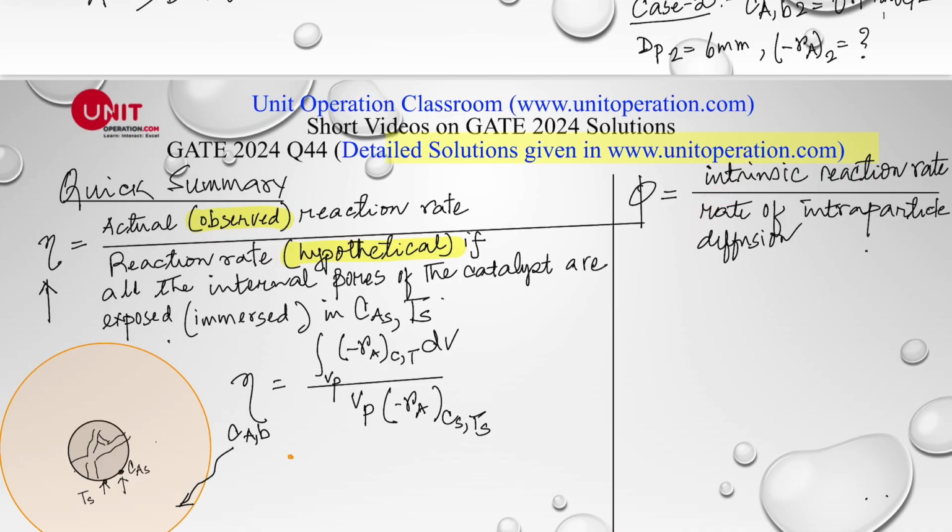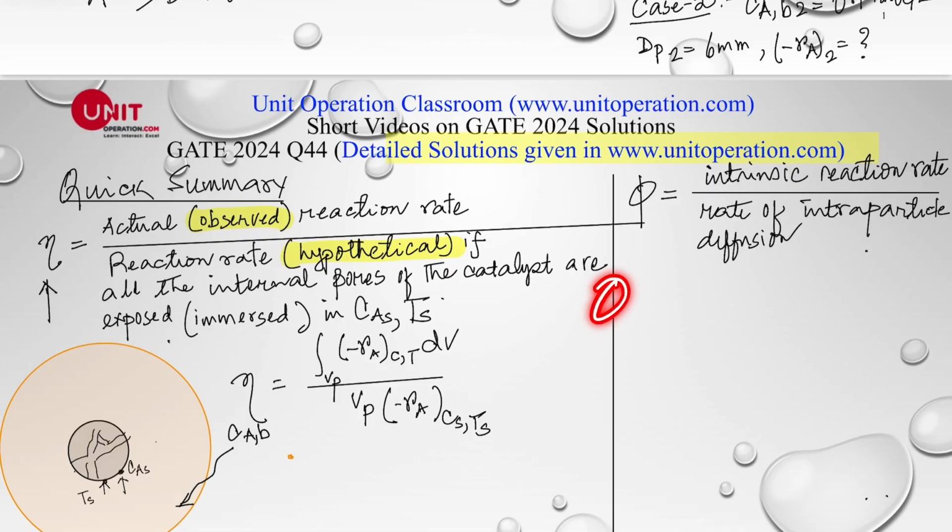So what does it mean if phi is much less than 1? That means the rate of interparticle diffusion is very high, so A can diffuse through the pores very fast compared to the intrinsic reaction rate.